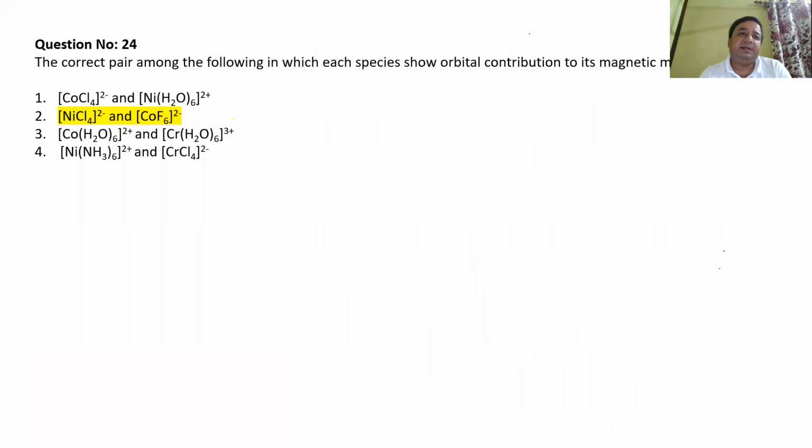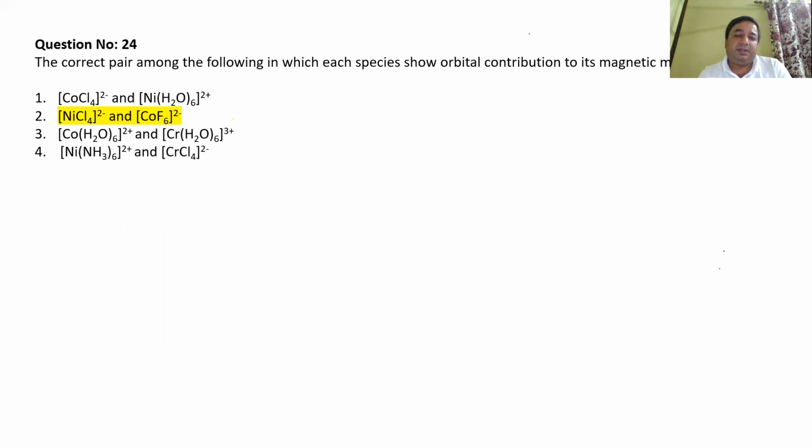Here it is being said, the correct pair among the following in which each of the species show orbital contribution to the magnetic moment. Concept here is that whenever you have to consider orbital contribution to the spin magnetic moment, it can increase the spin magnetic moment, or its value can be below the spin magnetic moment because of this orbital contribution.